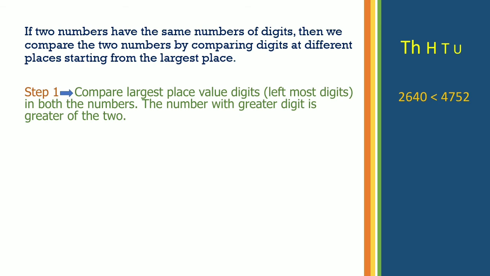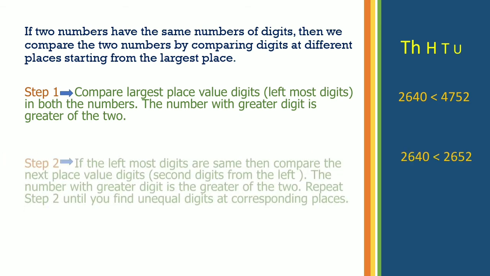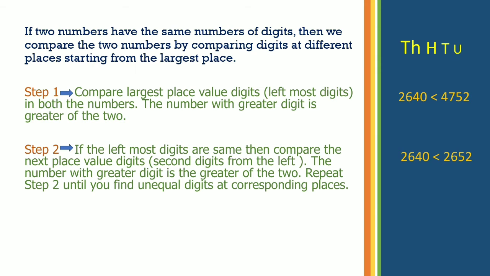So 4 is bigger than 2, so 2640 is less than 4752.